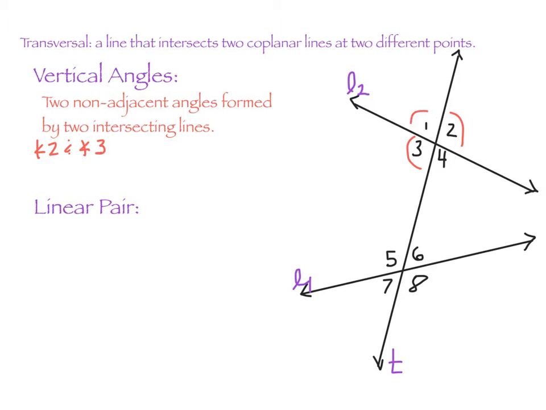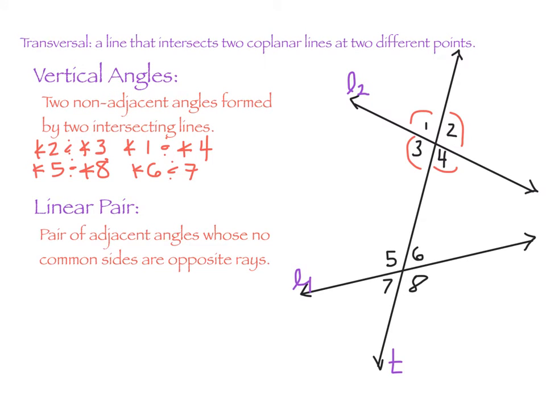I have also created those vertical angles. You can follow suit and say that 5 and 8 are vertical angles, and so are 6 and 7 vertical angles.